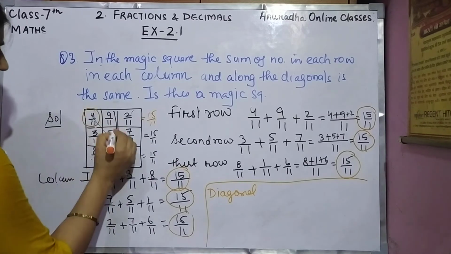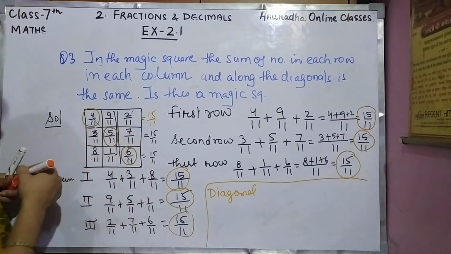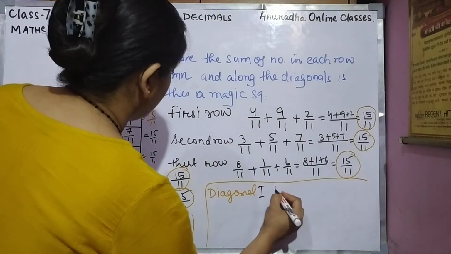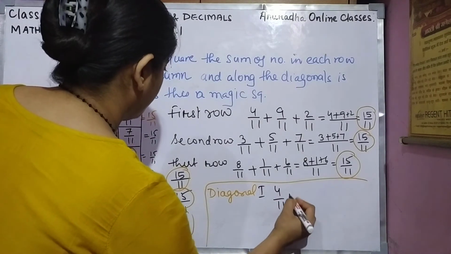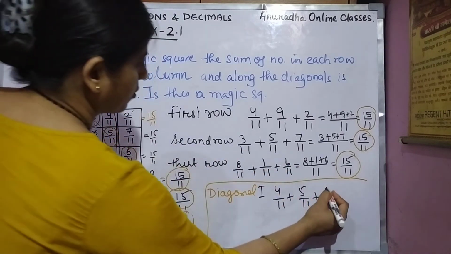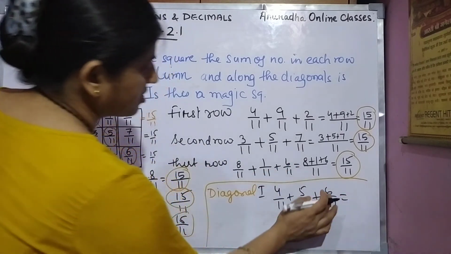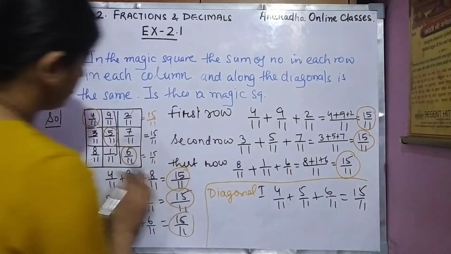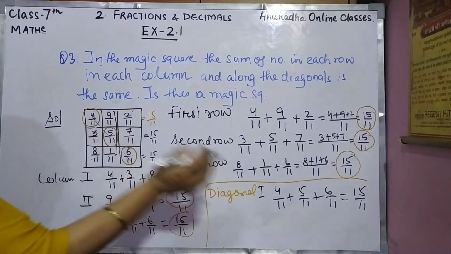First is this one and this one. You add the diagonal. First diagonal: 4 upon 11 plus 5 upon 11 plus 6 upon 11. So children, 6 plus 4 is 10 and 5 more is 15 upon 11. So for this diagonal you got the answer 15 by 11.